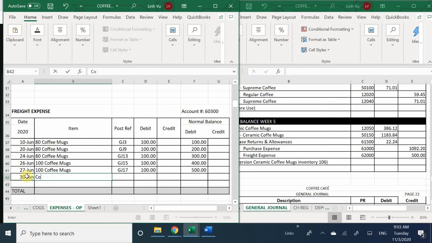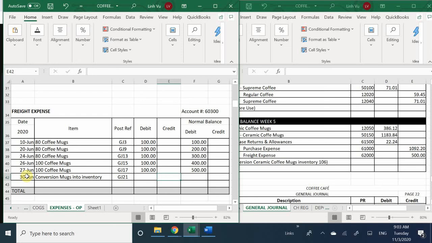Same thing, conversion, mugs into inventory. GJ 21.